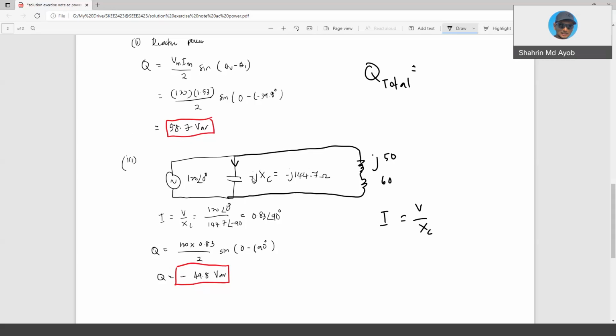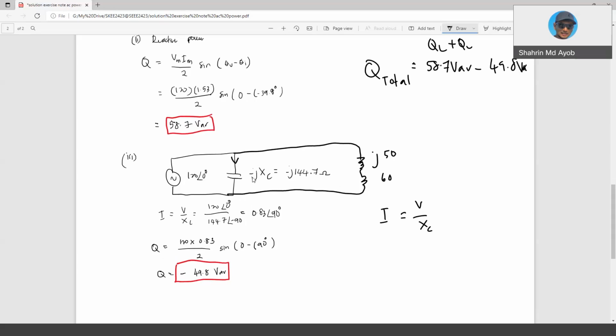So the Q total is 58.7 var, which is QL, plus QC, which is negative 49.8 var. So the Q total is actually the difference, the deduction of QL and QC.